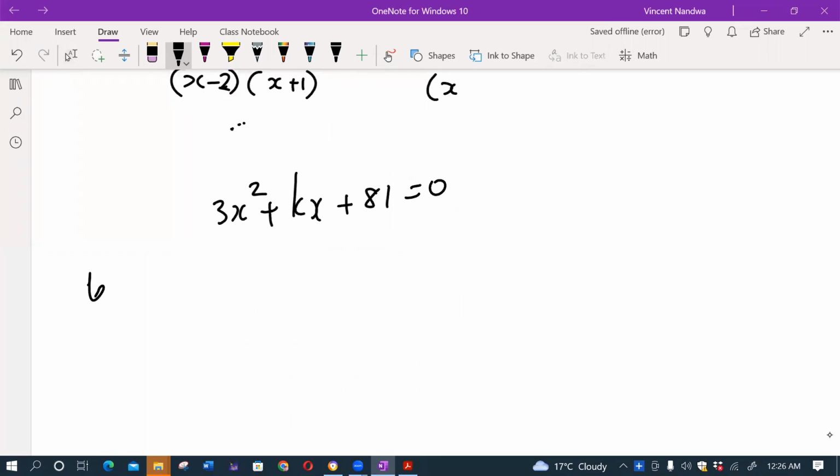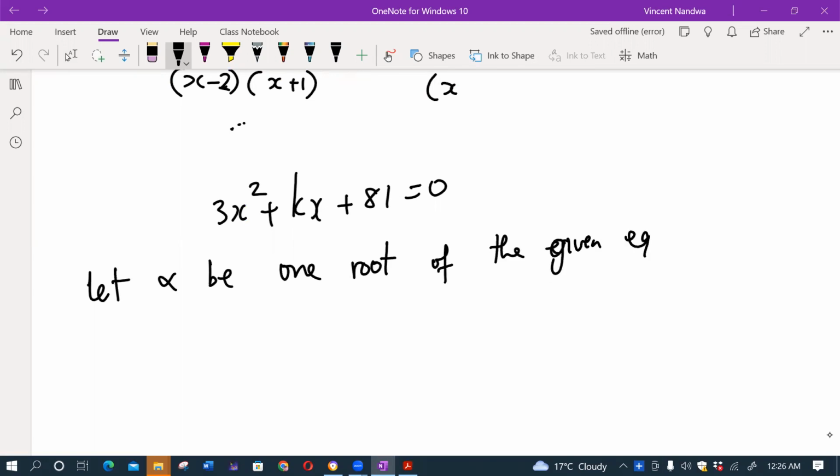So if we let alpha be one root of the given equation, then the other root would be alpha squared, because we've been told that one is a square of the other one.